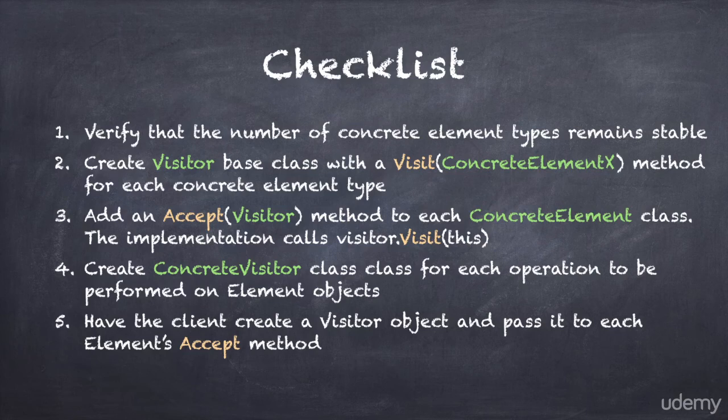The implementation calls the visitor's visit method. Create a concrete visitor class for each operation to be performed on element objects. And finally, have the client create a visitor object and pass it to each element's accept method.